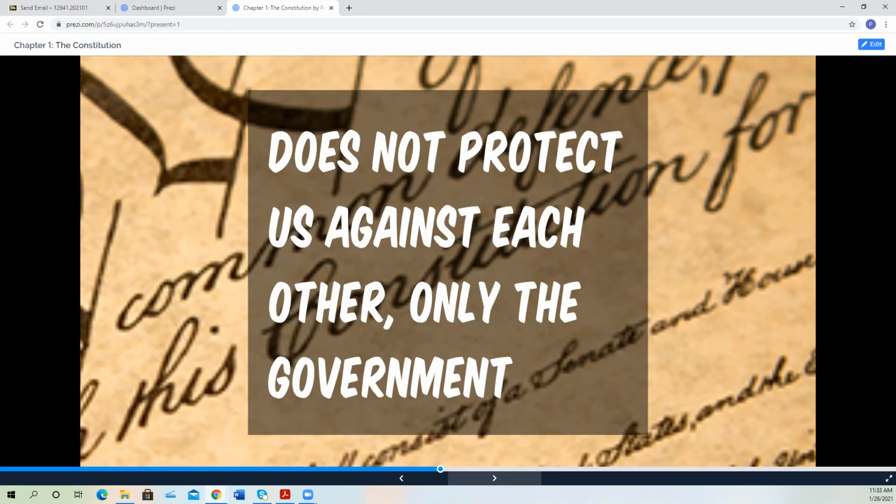Now, we can pass laws, but they would be breaking the law, not violating your constitutional rights. The only ones that can violate somebody's constitutional rights is the government. So these Bill of Rights, these personal liberties, protect us from the government. They don't protect us from each other. Laws protect us from each other.